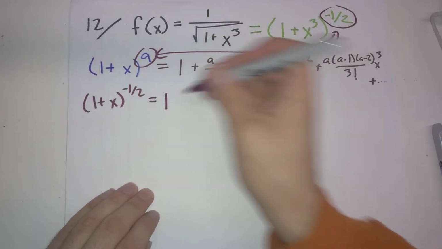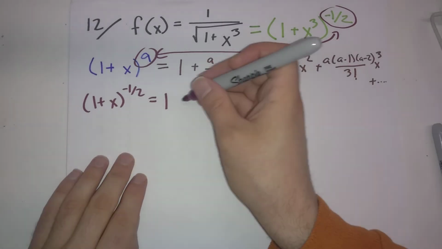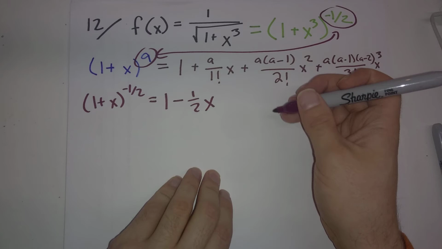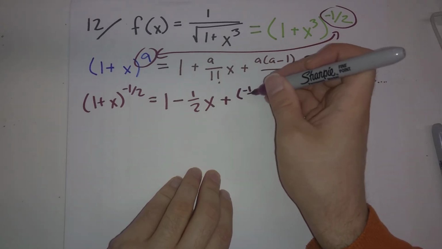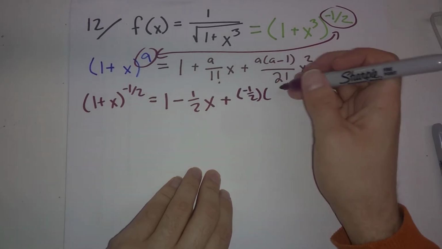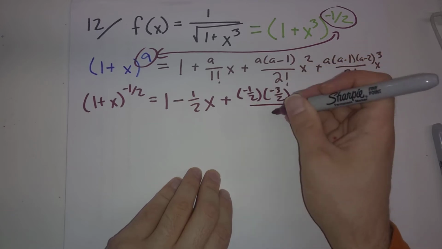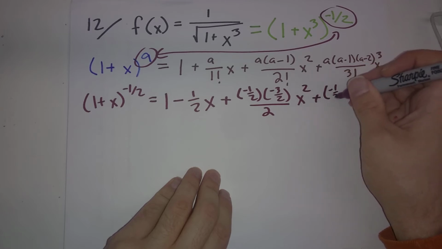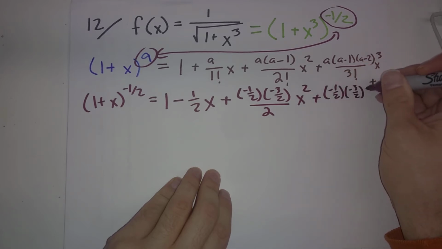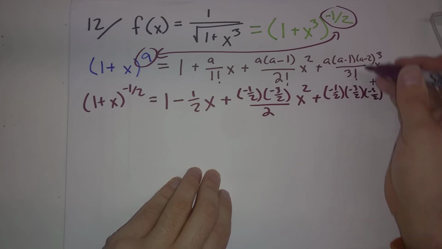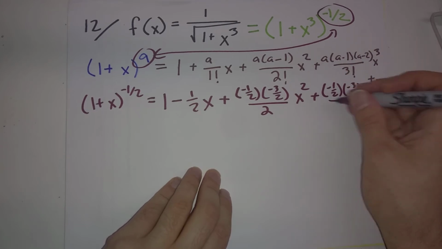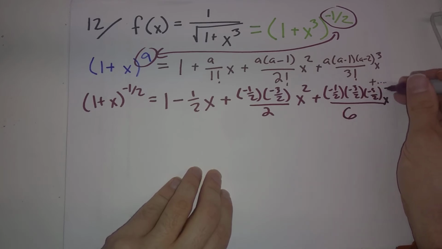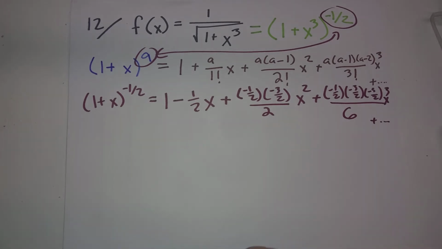So a is minus 1/2: 1 plus minus 1/2 divided by 1 times x, plus minus 1/2 times (minus 1/2 minus 1), which is minus 3/2, divided by 2 factorial, 2, times x squared, plus minus 1/2, minus 3/2 and minus 5/2. Minus 1/2 minus 2 is minus 5/2. All of that divided by 3 factorial, 6, times x cubed plus dot dot dot.